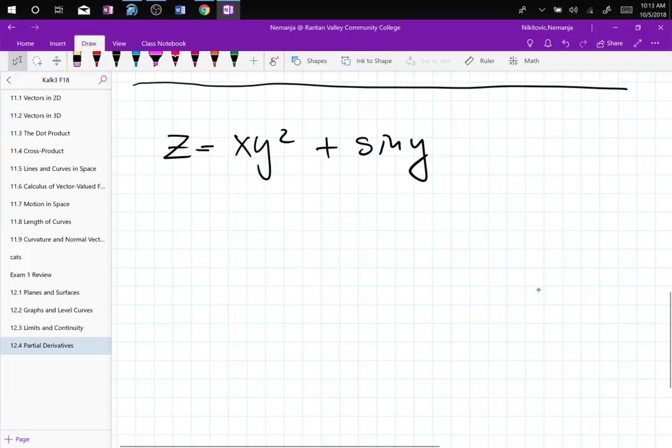Now, we want to find the partial derivative in respect to x. We call that zx. We can also say partial of z, partial of x. Please put a note in your notes that when you are looking for the partial derivative in respect to x, your y is treated as a constant.